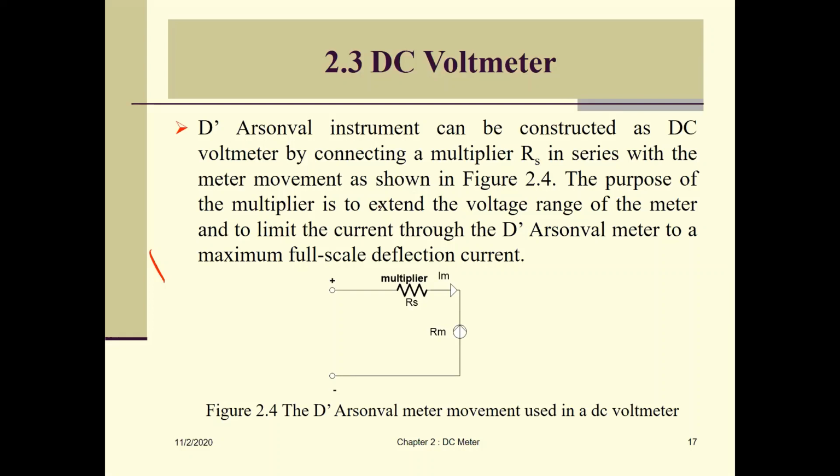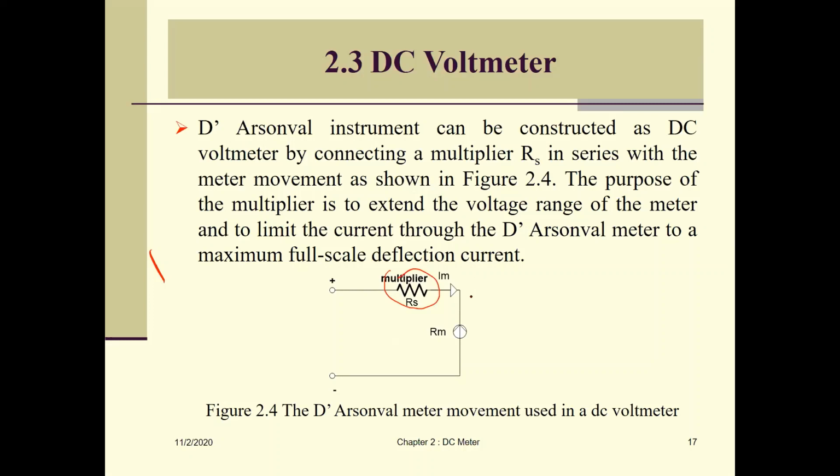Before this, for current, we connect in parallel. But for the DC voltmeter, we connect in series, the RM and then in series with RS here. This is what we call the voltmeter, using the basic meter movement.